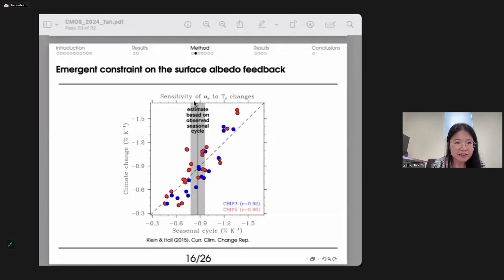So let's say that the observed value is this vertical black line here, and its associated uncertainty is this gray shaded region. Then the emergent constraint method would rule out all of the Earth system models outside of this gray shaded region and say that their values of the albedo feedback are unrealistic.